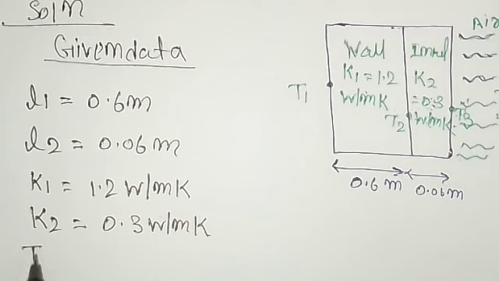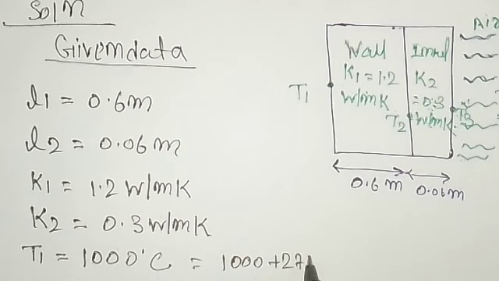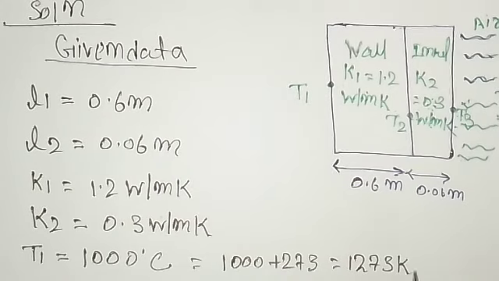The inner surface temperature of the wall T1 is equal to 1000 degrees centigrade. Here the thermal conductivity is given in terms of Kelvin, so we'll convert this: 1000 plus 273, it will be 1273 Kelvin, right?